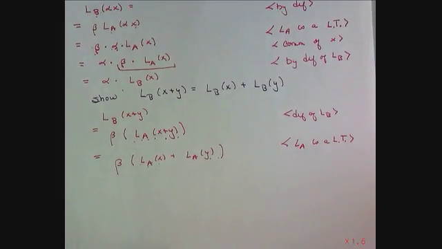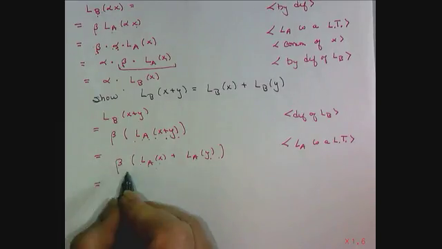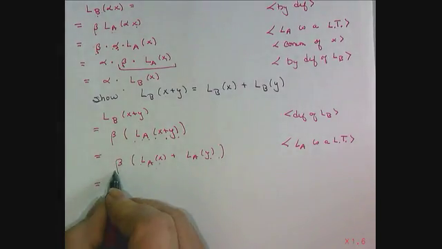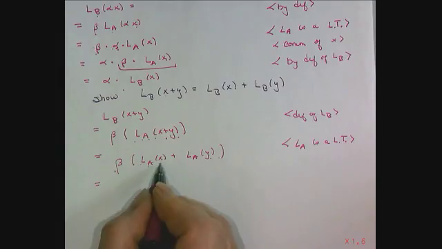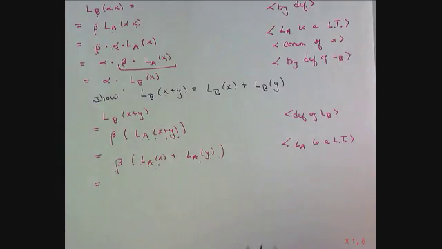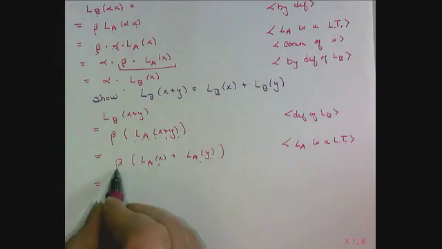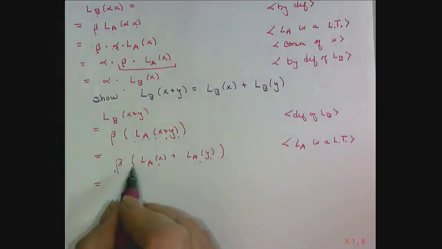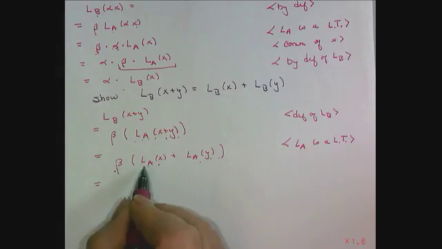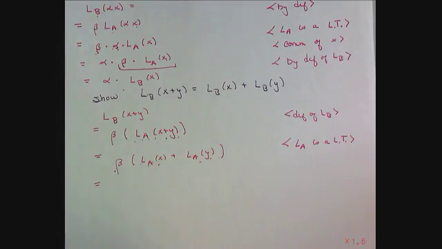Now what do I have? I have beta, which is a real number, a scalar, times L sub A of x plus L sub A of y, which are both vectors. But I know that scalar multiplication distributes over vector addition. We proved that back in week 1.